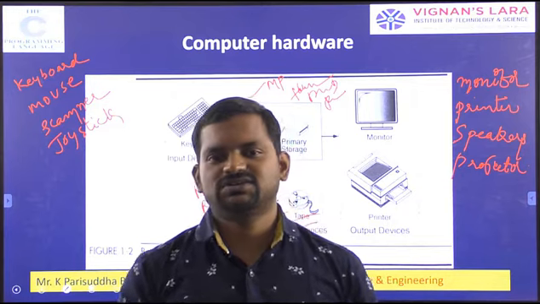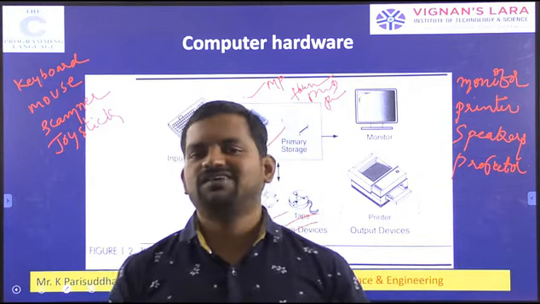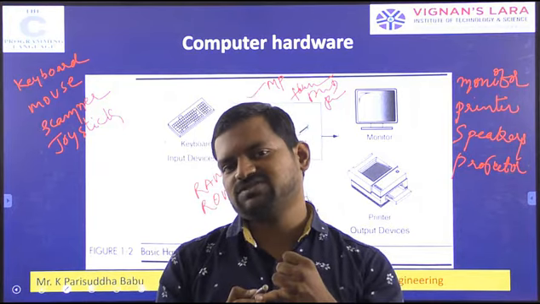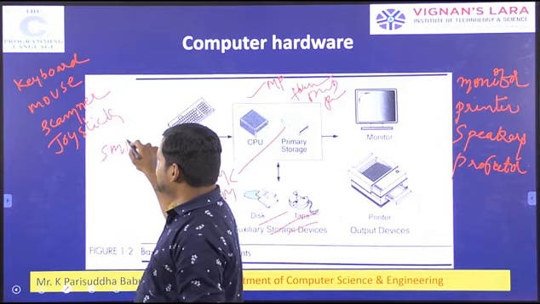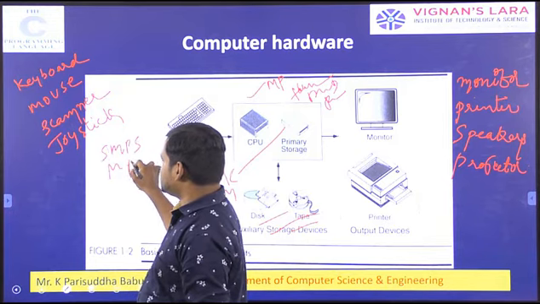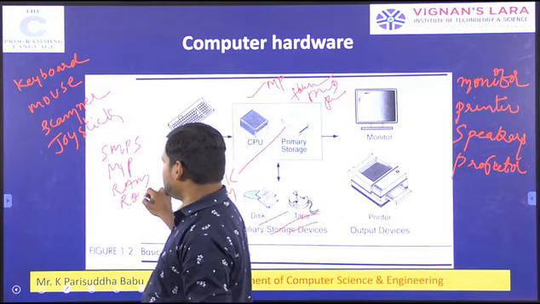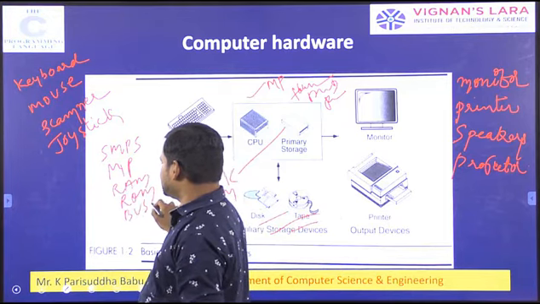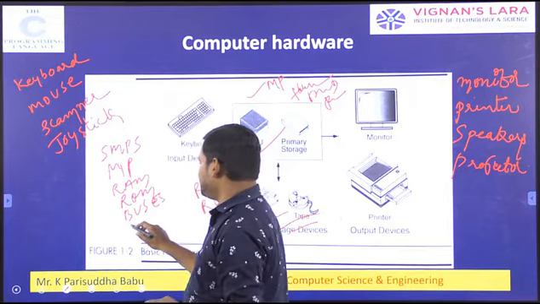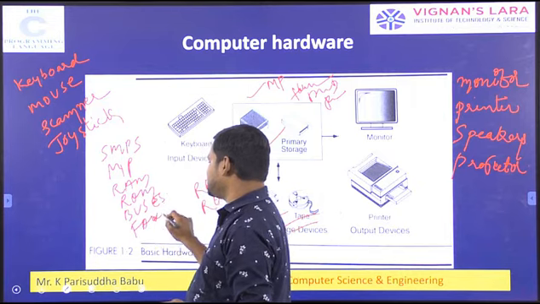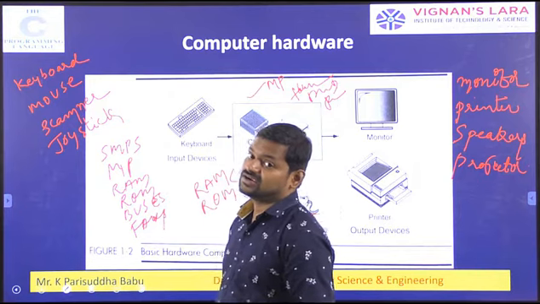When you open the central processing unit, more hardware devices are there: the switch mode power supply, SMPS, the microprocessor, RAM, ROM, bus systems for transferring data. Fans, two fans are there, an input fan and an output fan. That is also hardware for the computer.